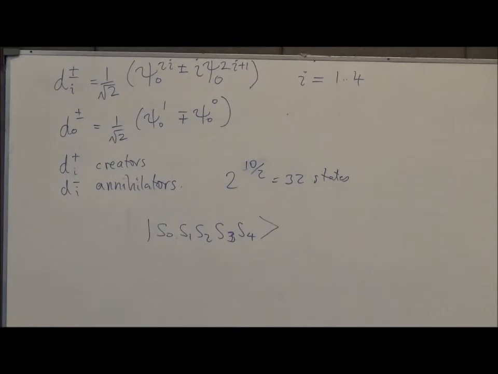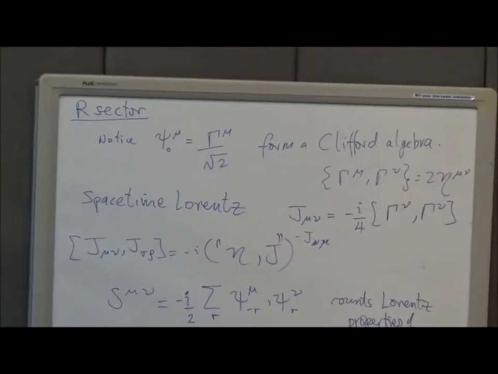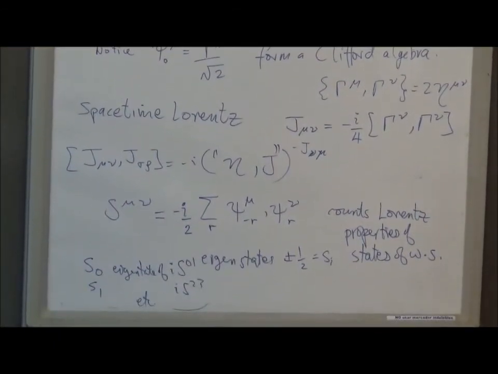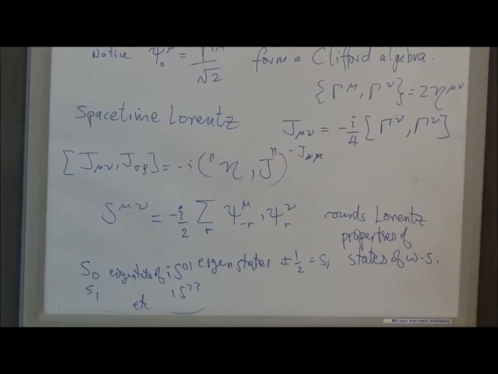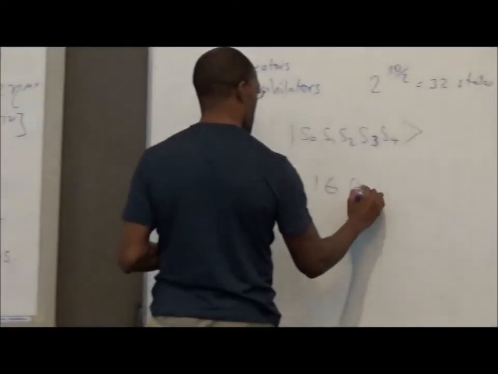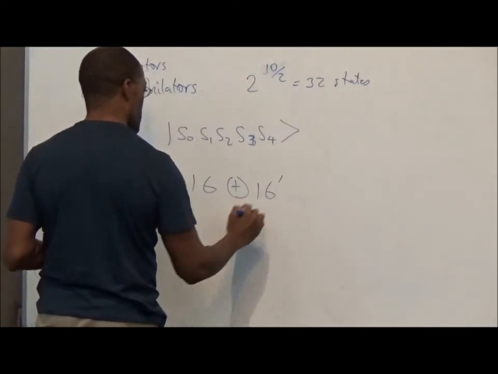It's a factor of i in how these S's are eigenstates, if you're keeping track of the factors. Okay, so if you go through and check, this 32 actually breaks up into 2 copies of a 16.